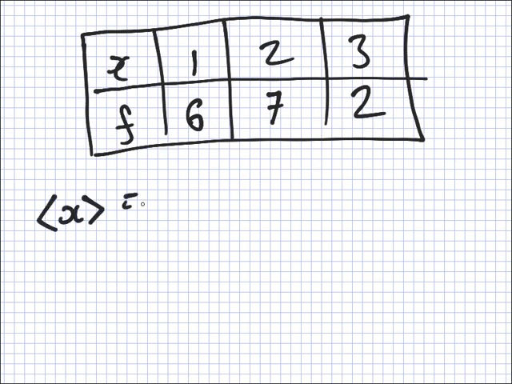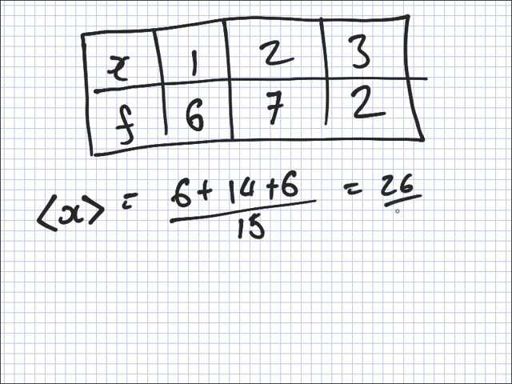How would I get that? 6 times 1, which is 6, plus 14 plus 6, all over 15. So 26 over 15.